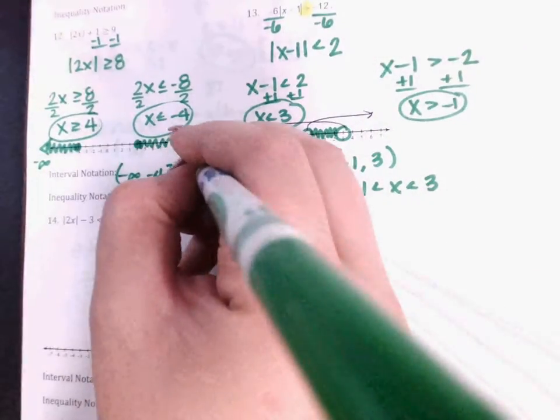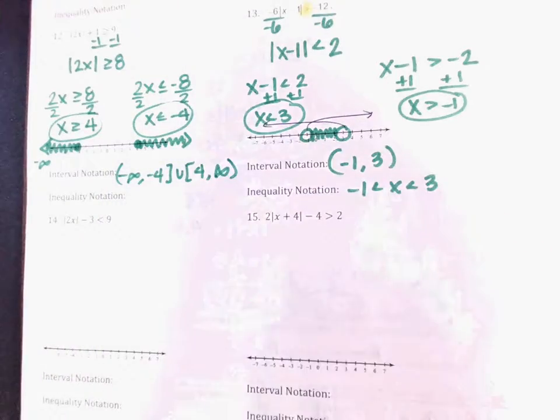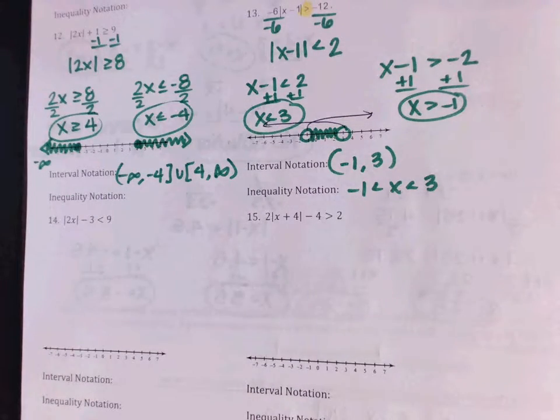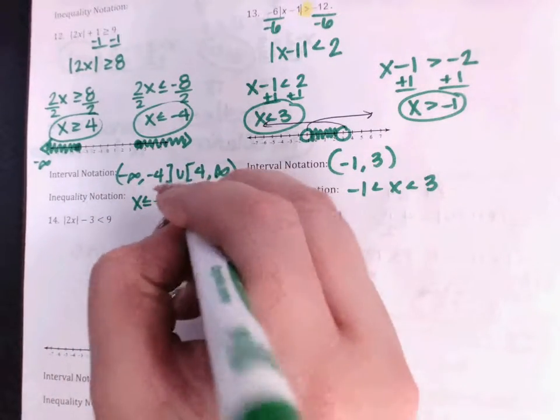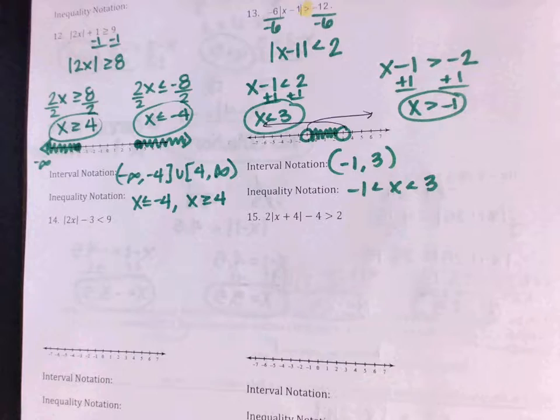Union, and then 4 to infinity. Then for my inequality notation, remember, if it has a negative infinity, you should be doing an x less than. So this would be x less than negative 4, x greater than 4.